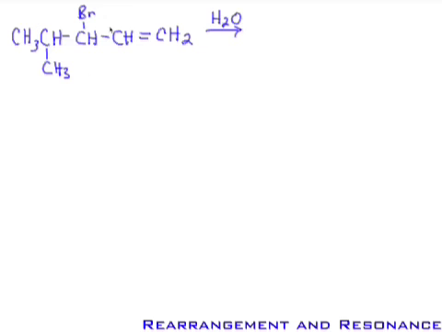Okay, we have a secondary alkyl halide. The secondary alkyl halide can go either SN1 or SN2. We have a weak nucleophile which favors SN1. The SN1 reaction produces a carbocation. We can look at our carbocation. Draw the carbocation.